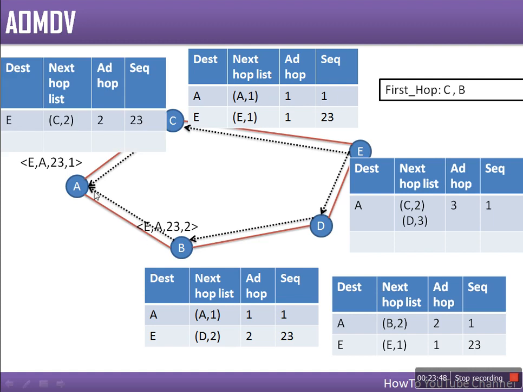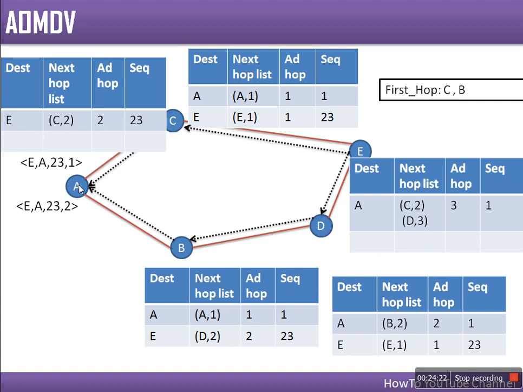Now what will happen when a node receives multiple route advertisement packets? Route advertisement packets include route reply packets and route error packets. So when a node receives multiple route advertisement packets, in this scenario this node first receives this packet. Here it will find out that node E is actually 2 hops away via C. Now it will receive another route reply packet with the same sequence number.